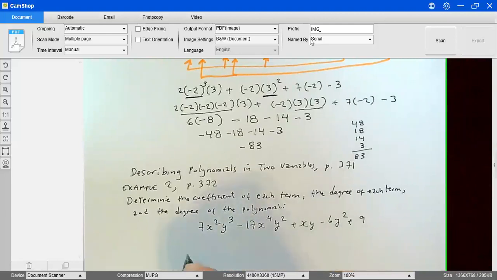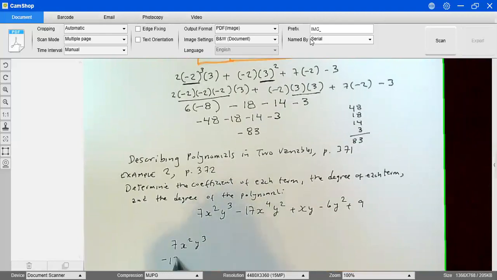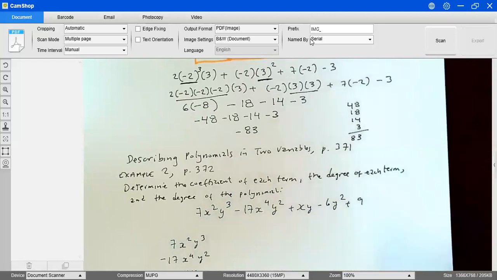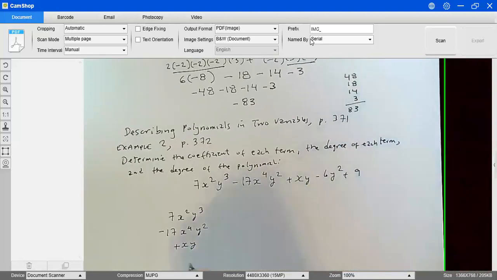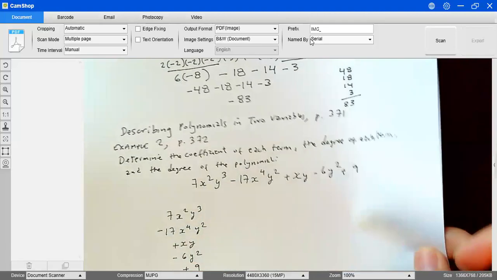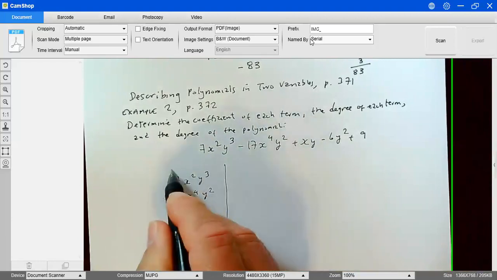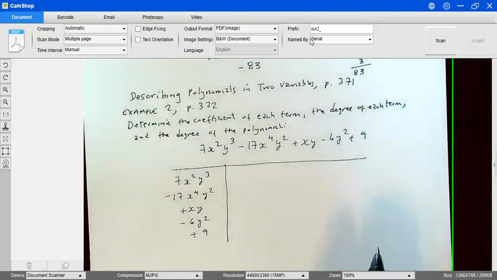So we have 7x squared y cubed, negative 17x to the 4 y squared, plus xy, minus 6y squared, plus 9. So this is my polynomial written in a vertical format.